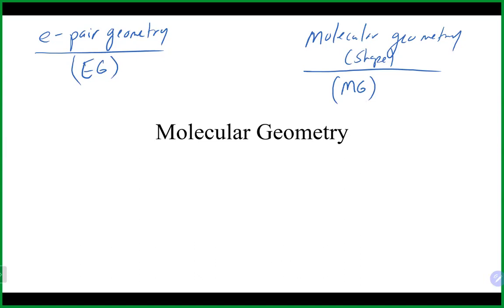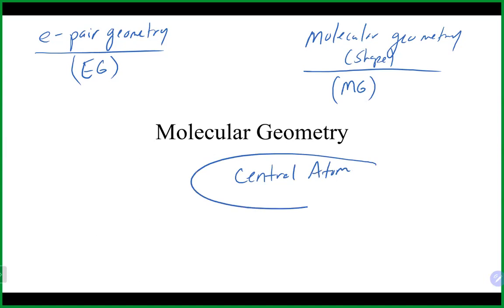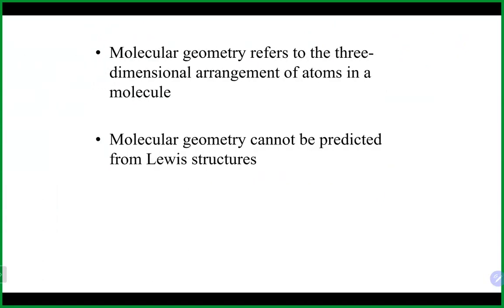When we do geometry, the most important place you should always look is the central atom. That is always the thing you should look at when you're doing geometry. No other atom is important other than what is happening with the central atom. All right, so let's talk about how we can go through this.